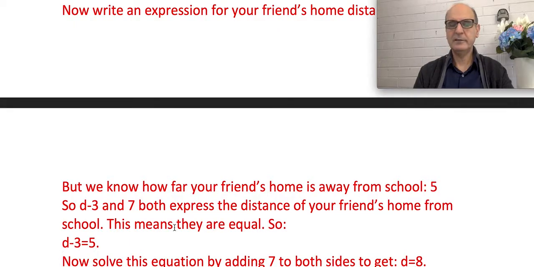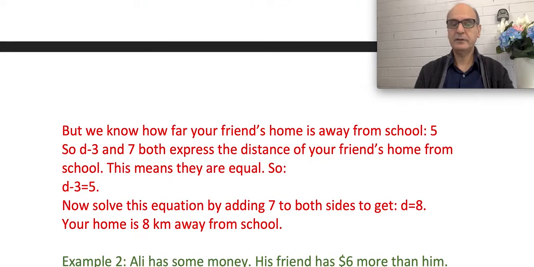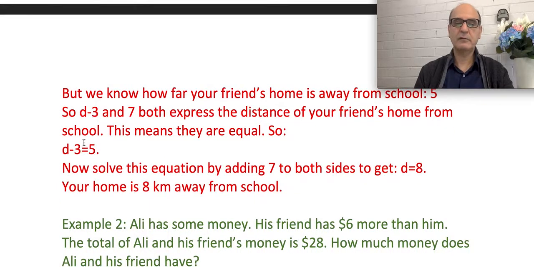So D minus 3, which represents how far your friend's home is, is the same as 5. So that's our equation. We are equating two quantities. We are finding the same quantity in two different ways. One is using the pronumeral and the other is just the information they are giving us, and we put them equal.